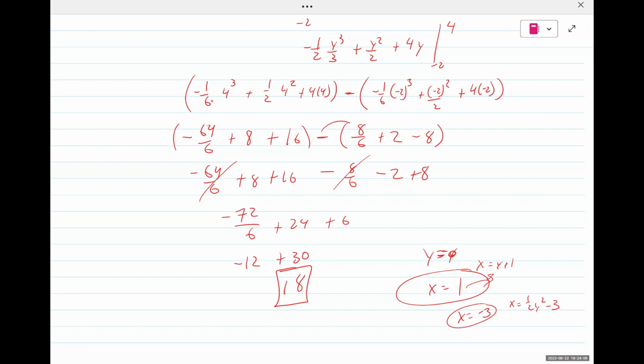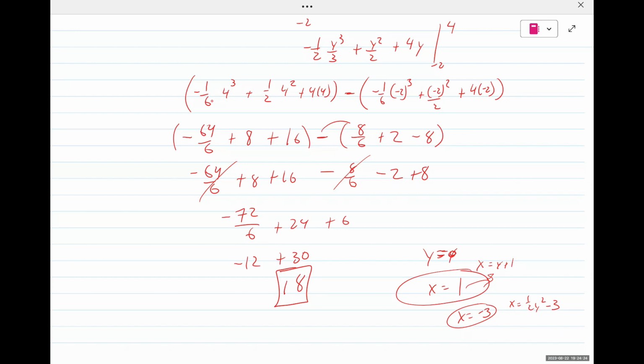Yeah, Eric? Professor, I have a question. Is 1/2 y squared the same as y squared over 2? Yeah, it's the same thing. Okay, because I did the math, but I got 42 because I kept the y squared over 2, which would just make it y cubed over 3.